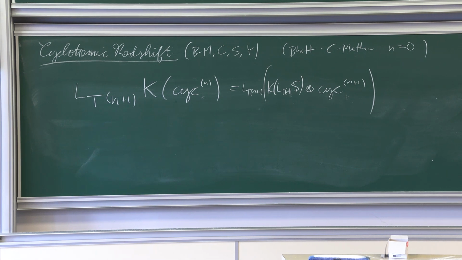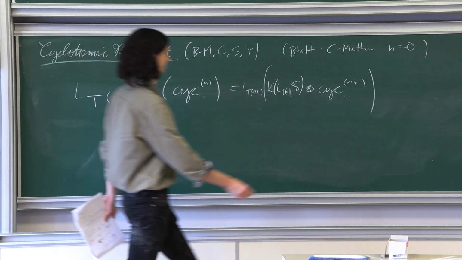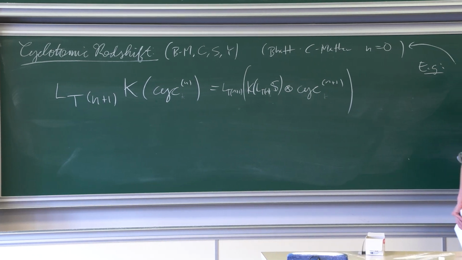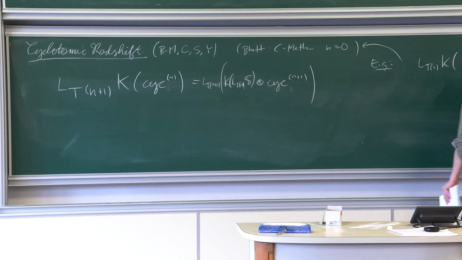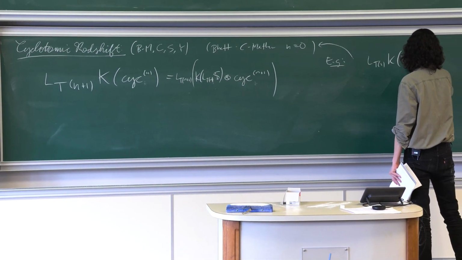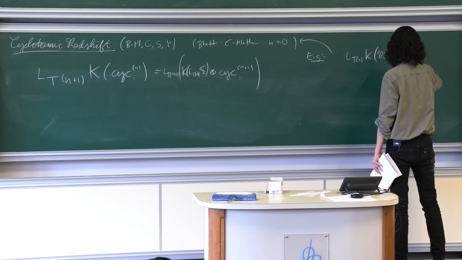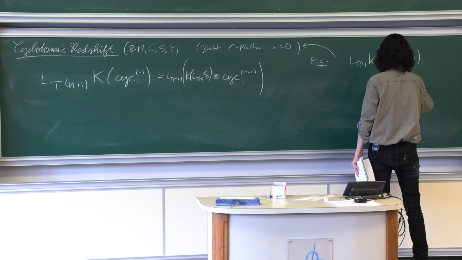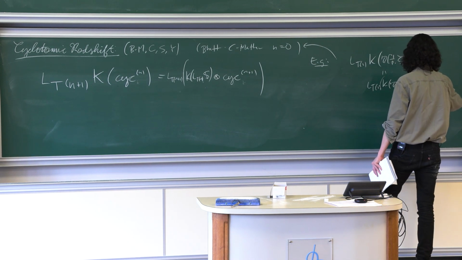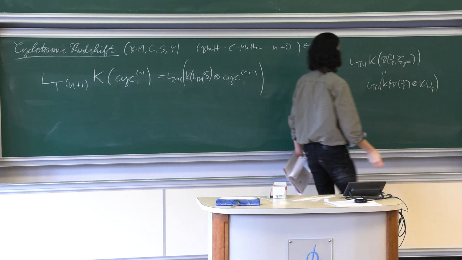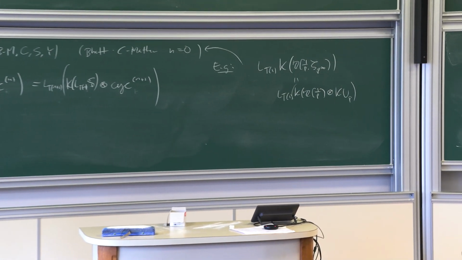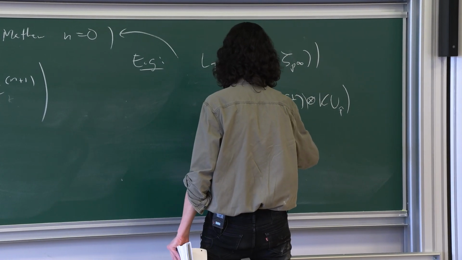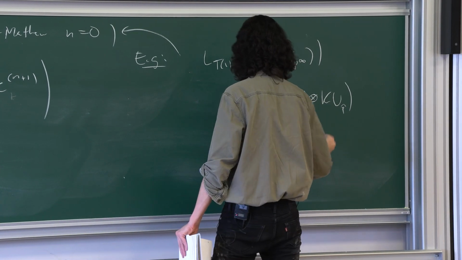So, for example, if you take the T1 localization of K-theory of Z_{(p)}, and then you add all the p-power roots of unity, so we go to the top of the tower, this is the same thing as the T1 local K-theory of Z_{(p)} tensor KU. And there are very similar statements of Steve Mitchell.